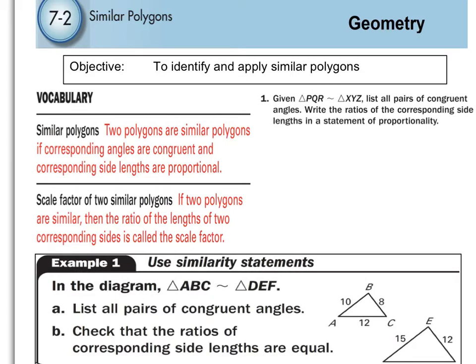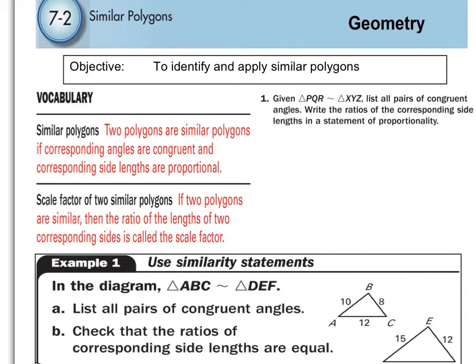What are similar polygons? Similar polygons are similar if their corresponding angles are congruent and their corresponding side lengths are proportional. So, it's different to be similar than it is to be congruent. If you're similar, you look like you're the same shape, but you're different sizes.